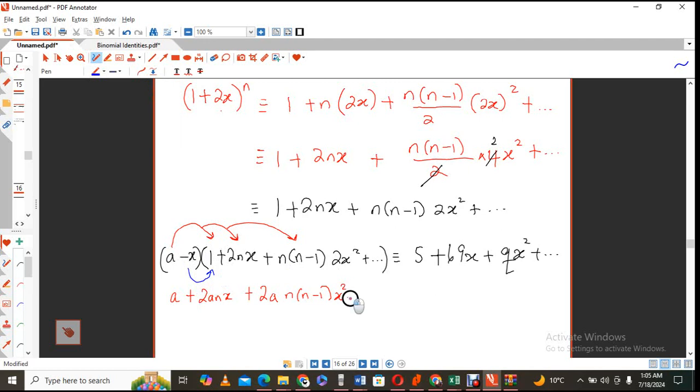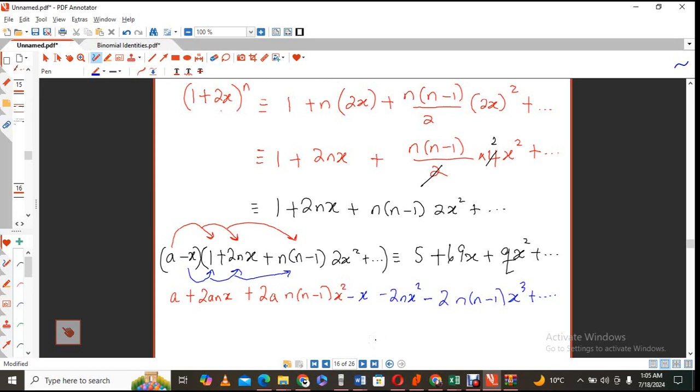Minus x times 1 is minus x. Be very careful, it's now going to be a negative. Minus x times 2nx is minus 2nx squared, and negative x times the last term is negative 2n(n minus 1) x cubed, and so on.